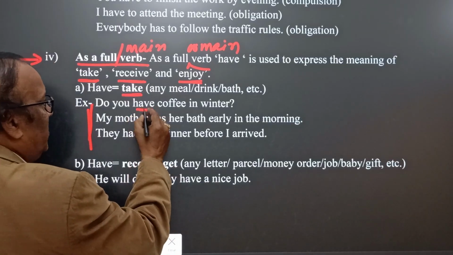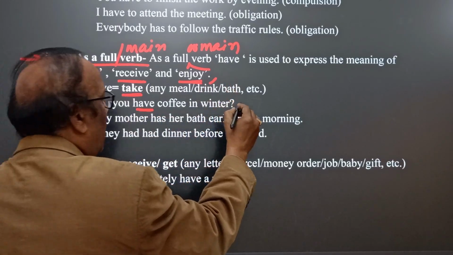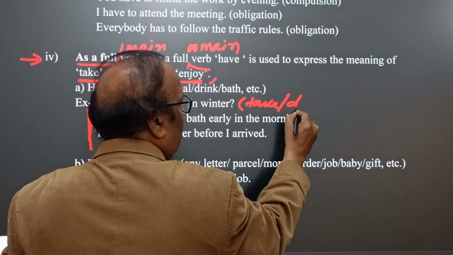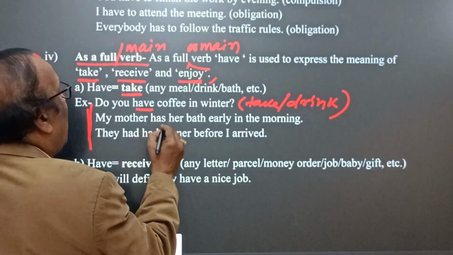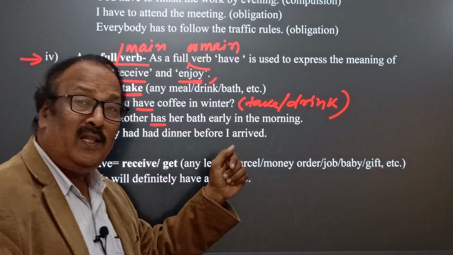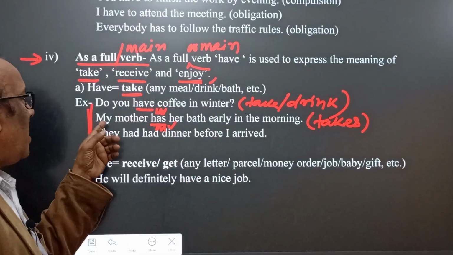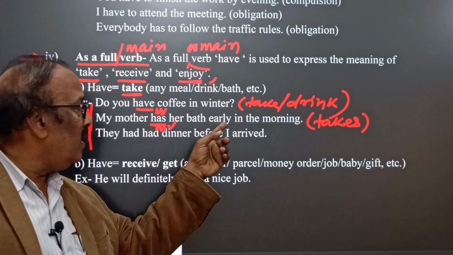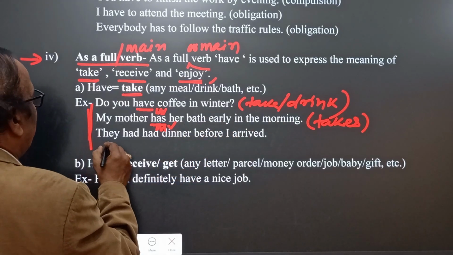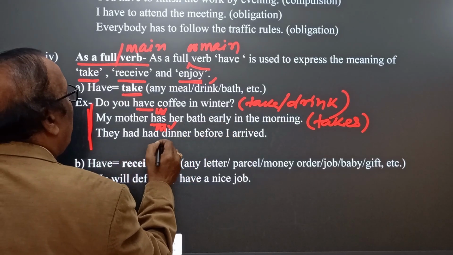Therefore, have expresses here the idea of take or drink. Yes, my mother has her bath early in the morning. It means my mother takes her bath early in the morning. The next example, they had dinner.